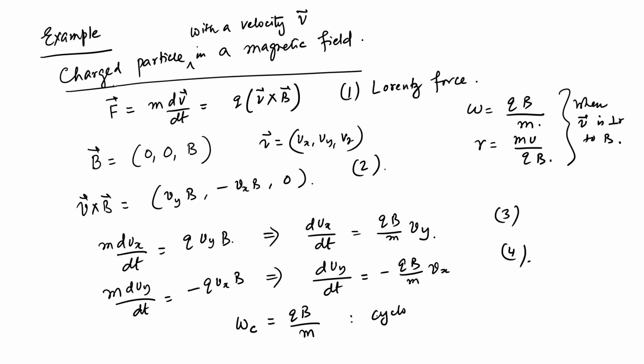So, equations 3 and 4 become a little simpler: dvx/dt equal to omega c Vy and dvy/dt equal to minus omega c Vx, and we number them 5 and 6.